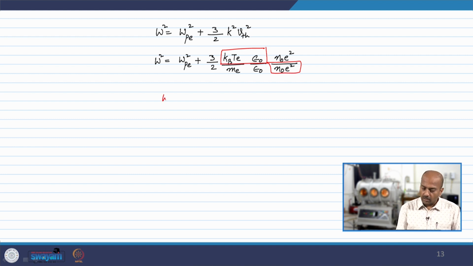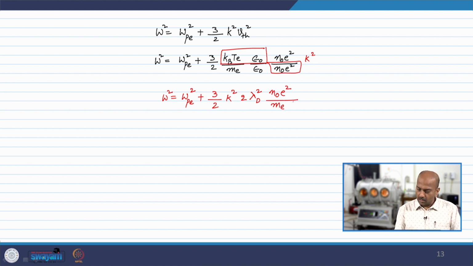So, we can write omega square is omega p e square plus 3 by 2 k square, and if I write 2 lambda d square here, into n naught e square by m e epsilon naught.